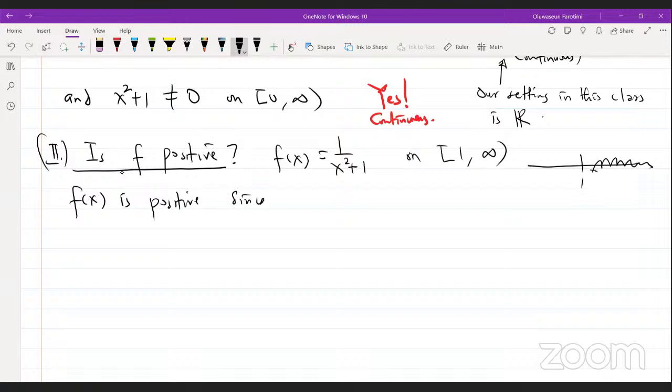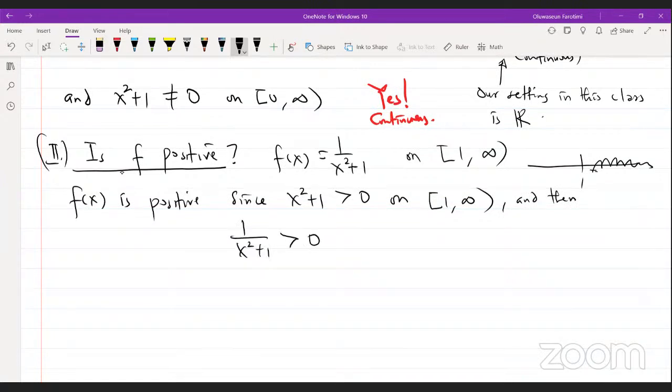So since s squared plus 1 is greater than 0 on 1 comma infinity, it will always be positive. And also 1 divided by x squared plus 1 is still going to be positive on this guy. So what's going to be our conclusion, guys? We'll say again, yes, f is positive.